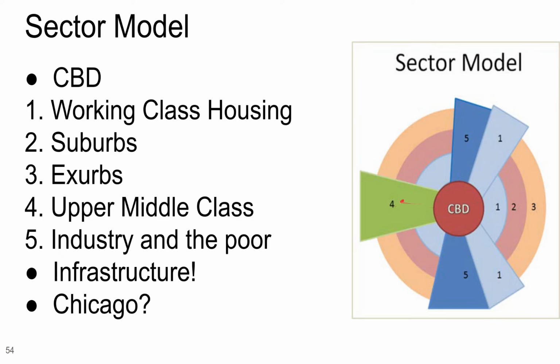The richer people are probably getting chauffeured to work in their cars. So we've got working class housing, suburbs, exurbs, but then we also have upper middle class, industry and the poor, working class housing on these like radial lines coming out the center based on some sort of transportation factor. So Chicago, again, an example of the sector model.